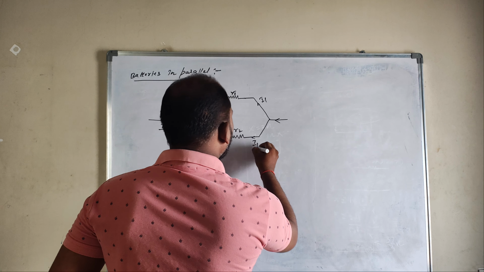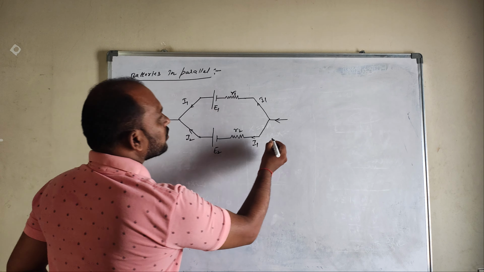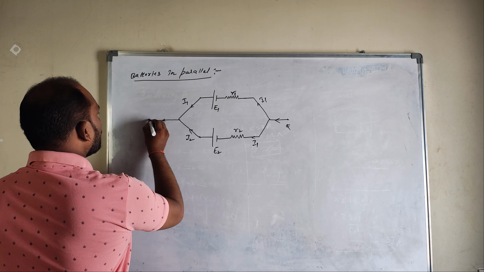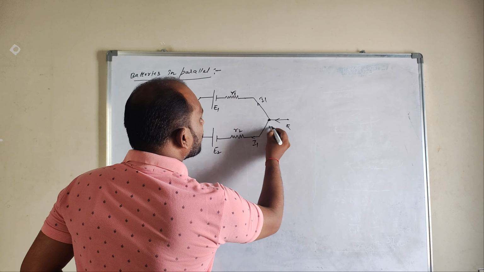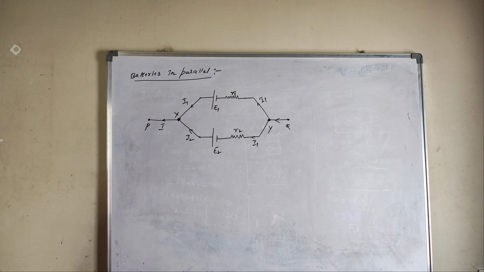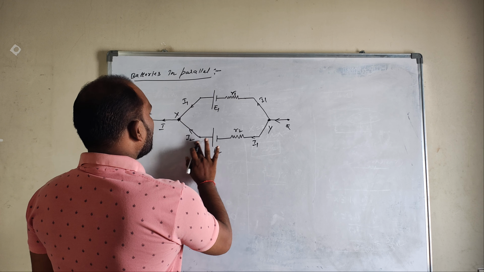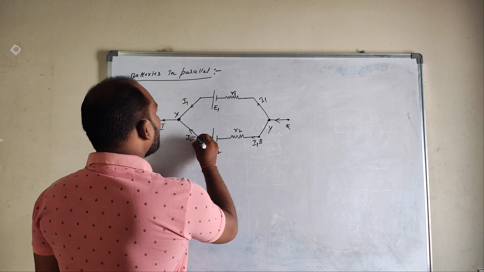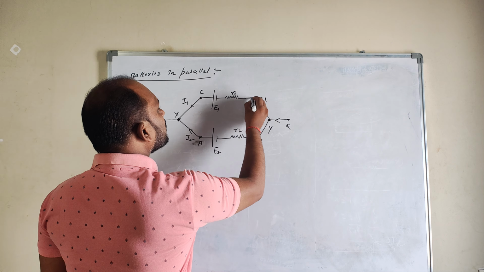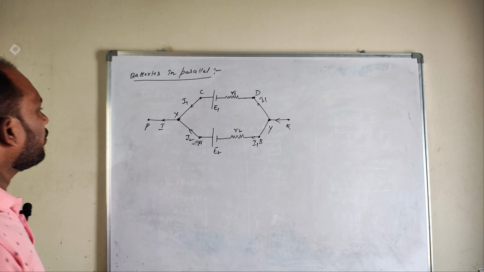Let us put names for these points: P and Q. Let us say this is the main branch, X, and this one is Y. Let us say this point is A, this point is B, this point is C, and this point is D. So we have AB and CD, as well as XY and PQ.